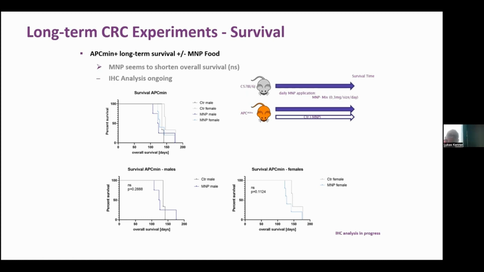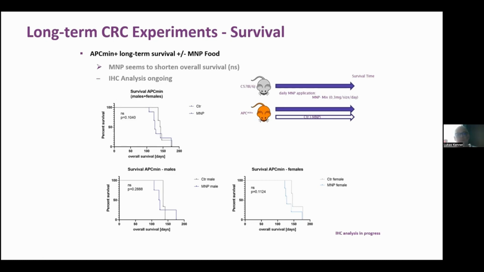What we see, looking at males and females, is that 4 out of 5 mice die earlier if you give them nanoplastic particles. We have no significance yet, but it's going in the direction we hypothesized. But we need more data, of course, and these are just the first things we did.